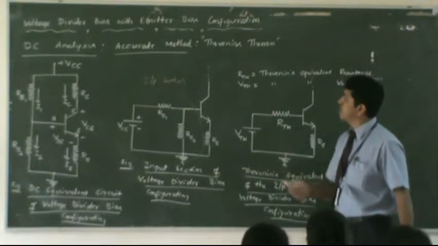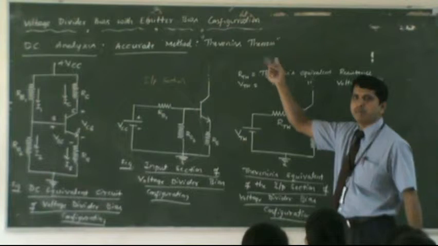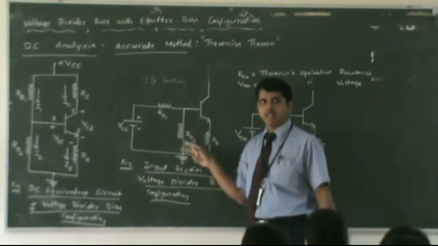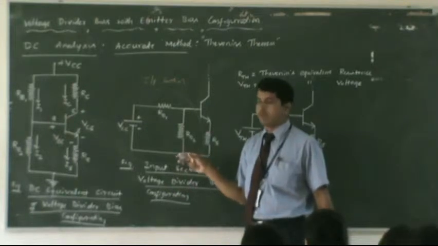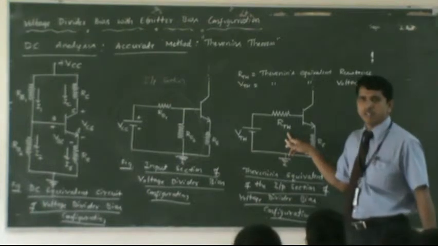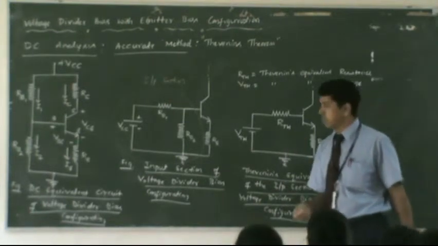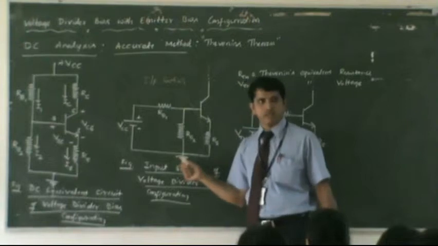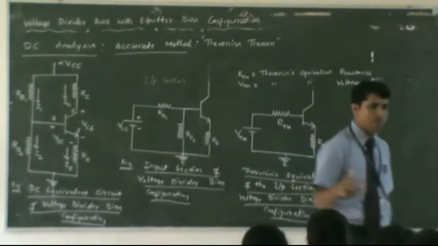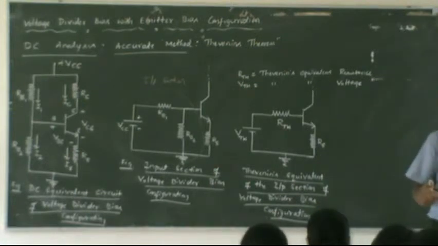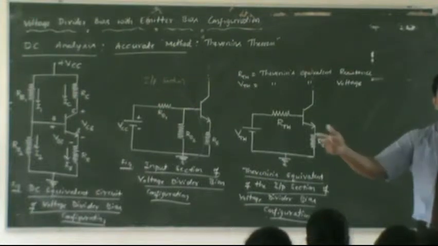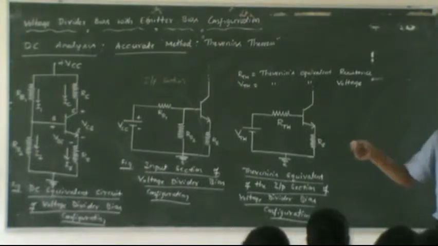Here we are not going to explain the basics or the statement of Thevenin's theorem. Any complex network like this, which contains multiple resistances and multiple voltage sources, can be replaced with Thevenin's voltage and Thevenin's resistance. Suppose you have a circuit with hundreds of loops. Is it possible to simplify all the loops by applying KVL and KCL? If I have 10 loops, I will get 10 equations, since one loop results in one equation.